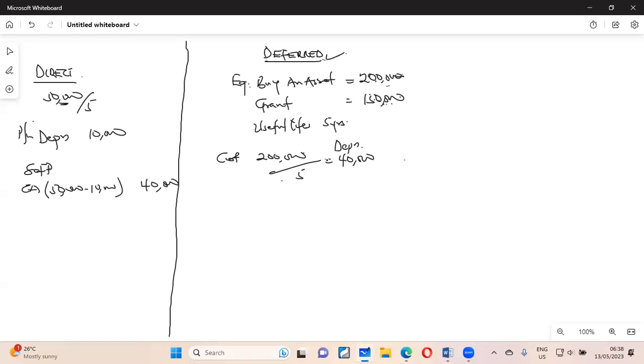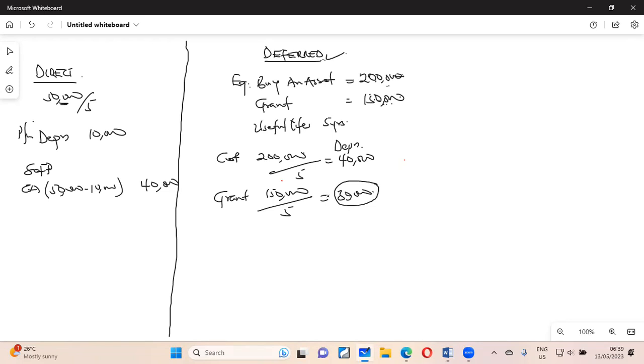At the same time, the grant was also given in respect of the asset, and therefore the grant too has to be amortized. Amortization of the grant is 150 over 5 years, which is 30,000. So every year, you treat the grant of that 30,000.